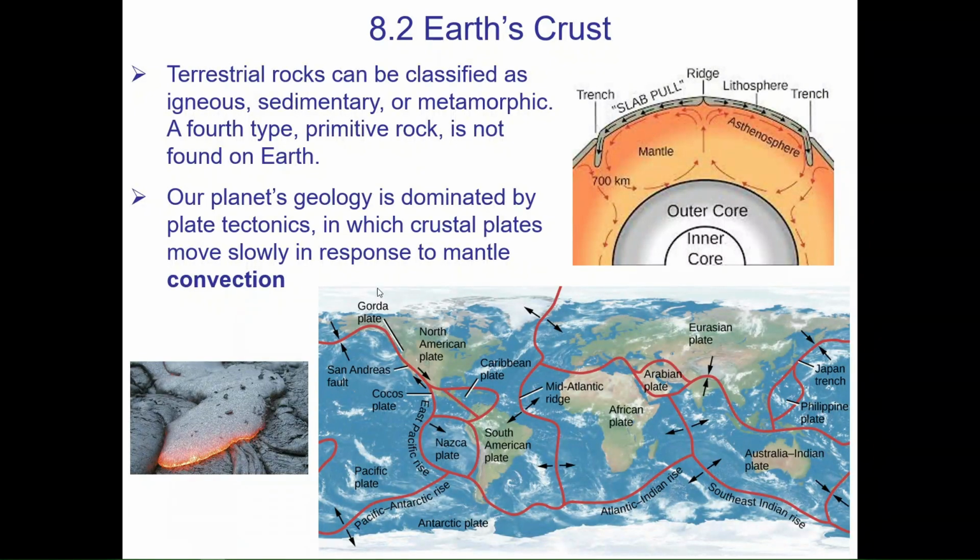It's driven by the mantle's convection, following the direction of the convection current. So for example, if underneath the crust the convection current goes to the left, the crustal plate will also move to the left.